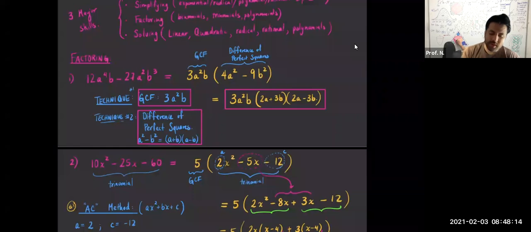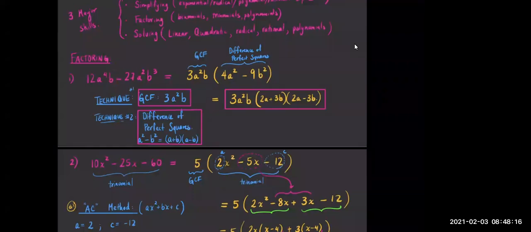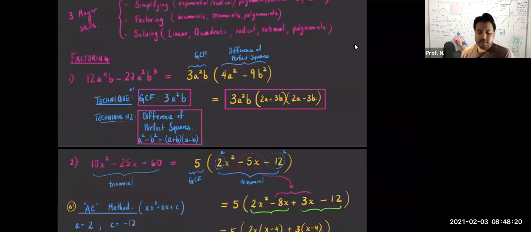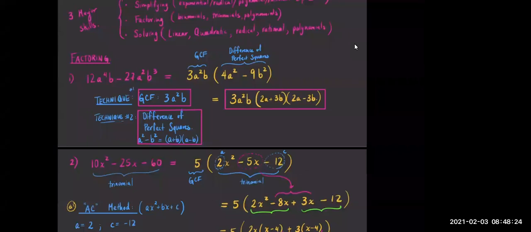Oh, you're talking about this one here. You're saying that should be 9b to the third power. How come? Because when you multiply the exponents, it would become b to the third instead of b squared.